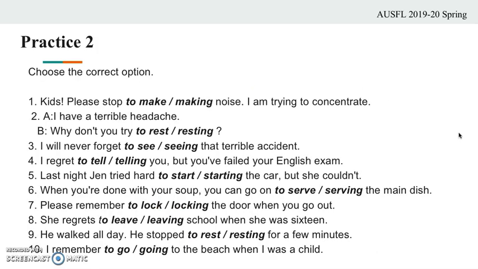And let's do practice number 2. Choose the correct option. Remember to pause the video. Number 1. Kids, please stop making noise. I'm trying to concentrate. Number 2. Why don't you try resting?